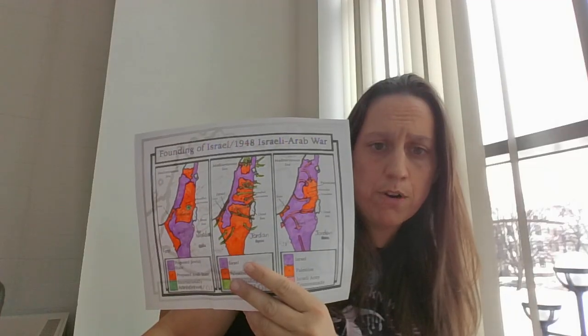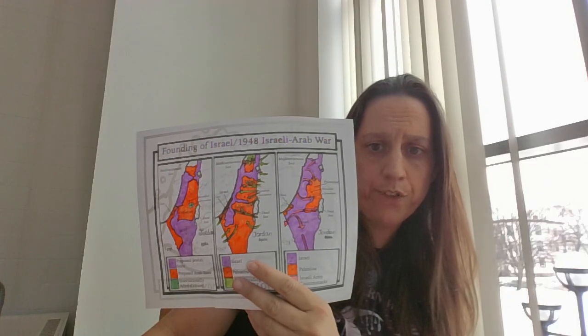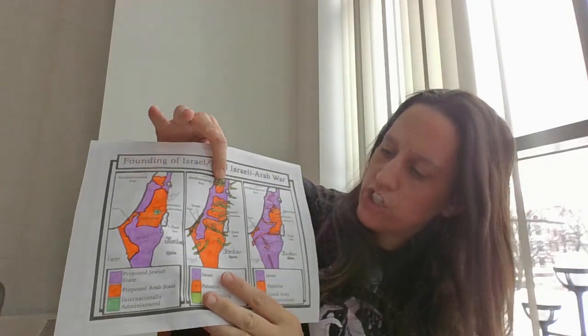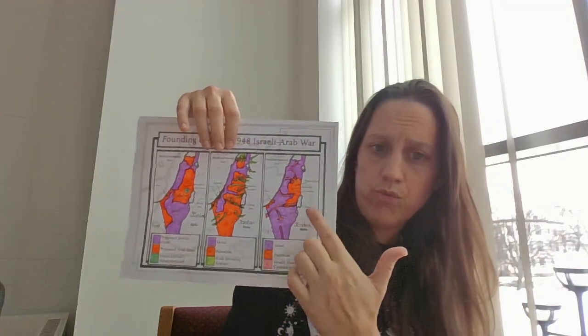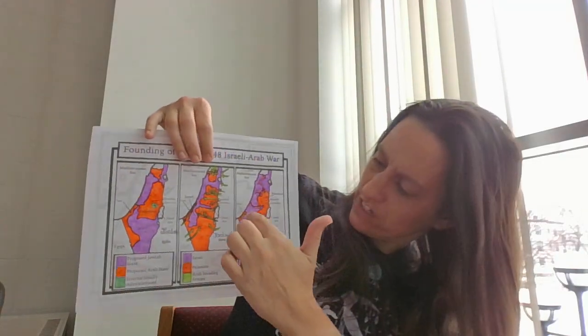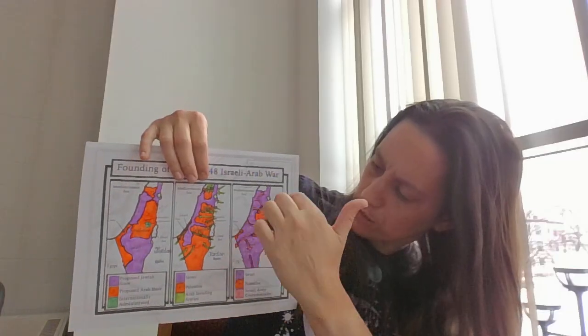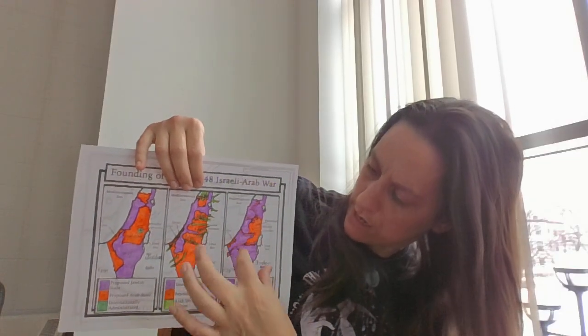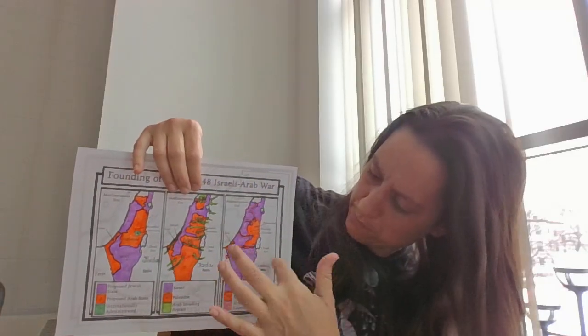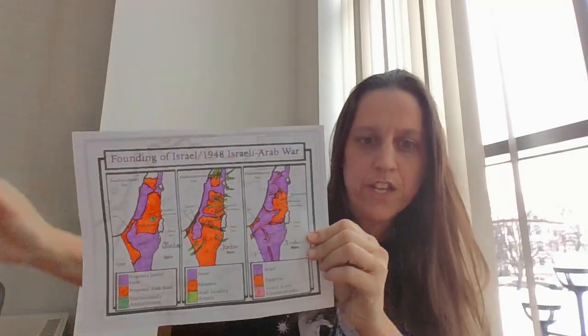Then, in October of 1948, we get another operation where they're pushing into Egypt. And so you can kind of see how Israel starts to push back here. They're pushing the Palestinians back down here, and they're pushing back into Egypt, they're pushing back into Jordan.